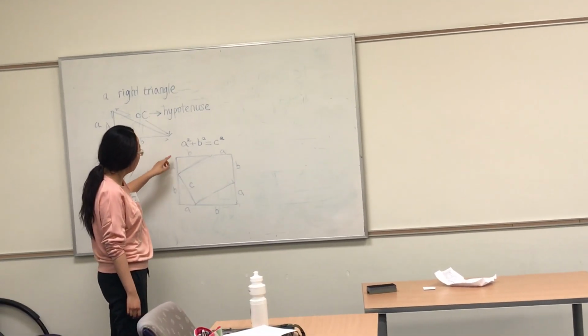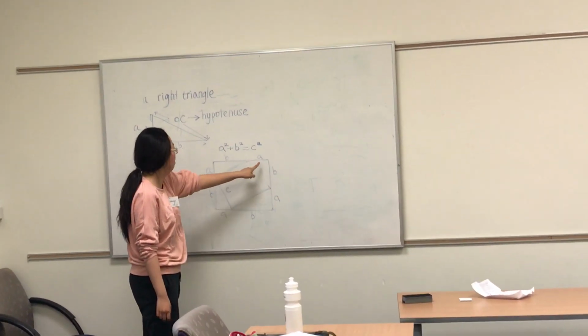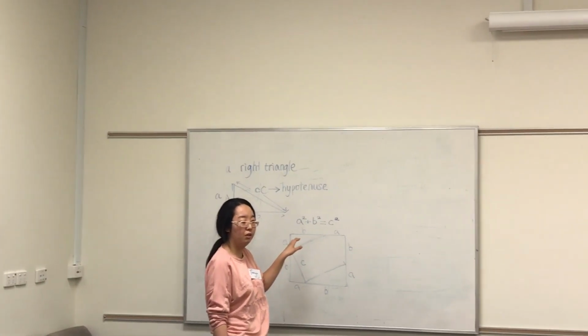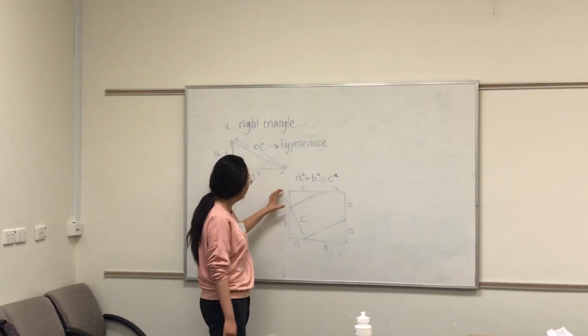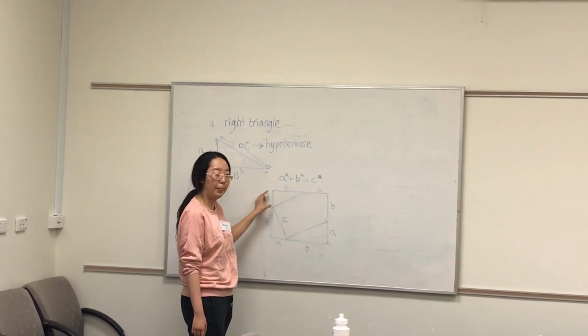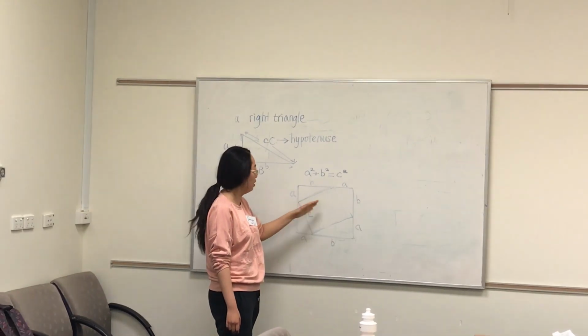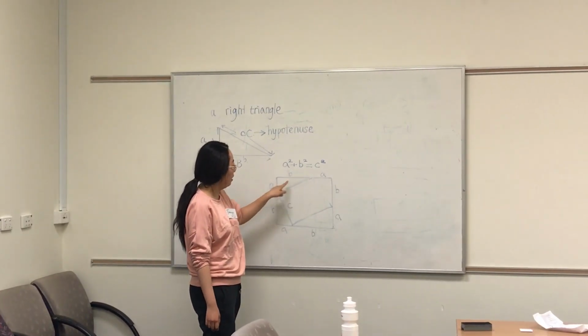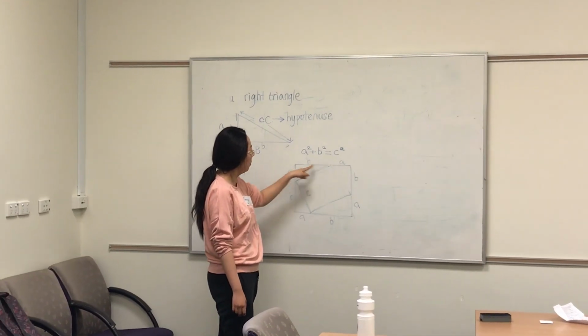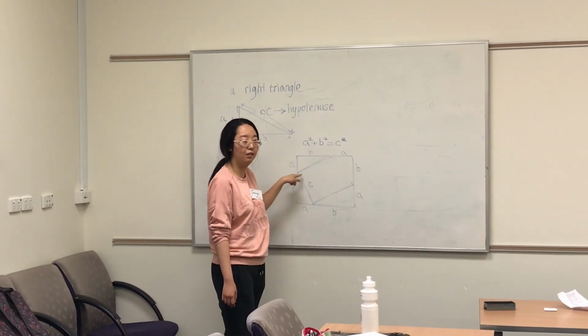So how do we represent the area of the four right triangles? We have already got the length of the two legs, right? How do we use a and b, the lengths of these two legs, to calculate the area of the right triangle here?